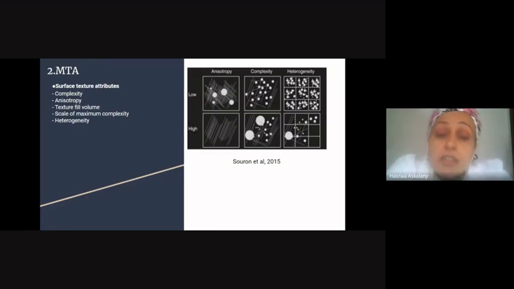We can see in this image the microwear texture schematic view showing high and low anisotropy, complexity and heterogeneity. We can see, for example, in the second part of the image, in the high especially, the anisotropic has a characteristic of similar orientation, as all of them have parallel striations, and then the complex has a surface with heavy pits and scratches overlaying each other.